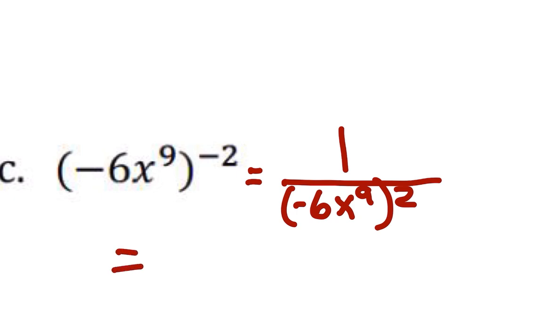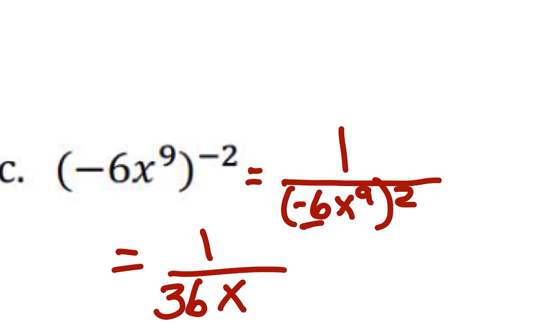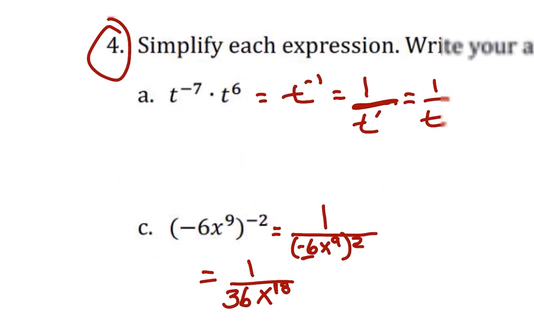And now we can simply simplify that as 1 over -6 to the second is 36, and it's positive because a -6 times a -6 is a positive 36. 9 times 2, we multiply the exponents here, and 9 times 2 is 18. So our final answer is 1 over 36 x to the 18th.